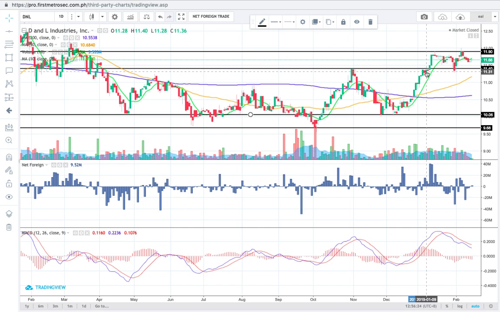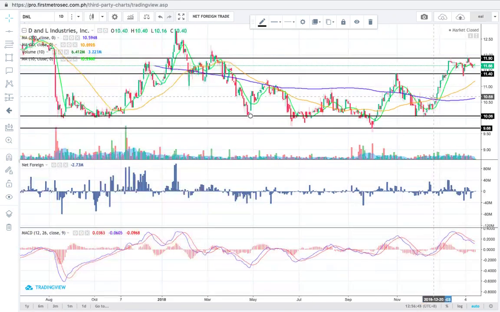This time around, scenario number 2 happened, and what was scenario number 2? It will disrespect that level and it will continue its trend. So it continued its trend above 11.40, and that's it. You can see on the chart what happened. All right.